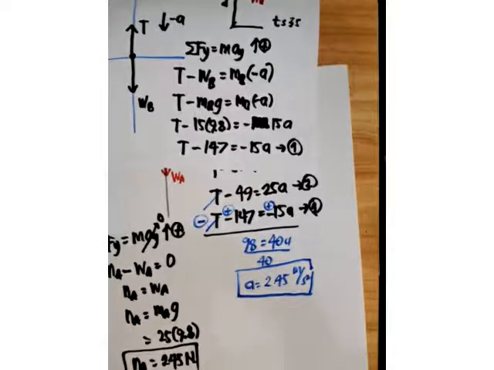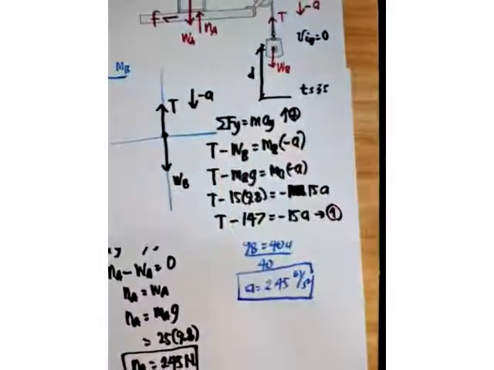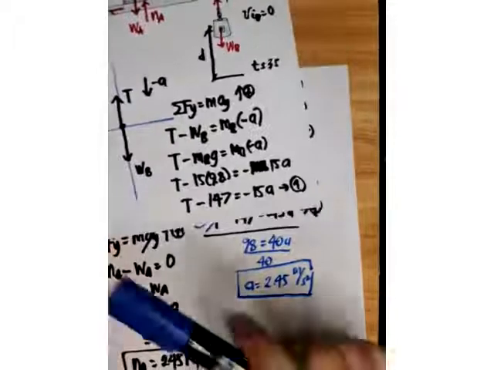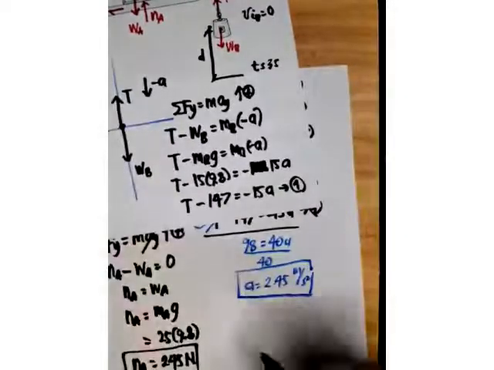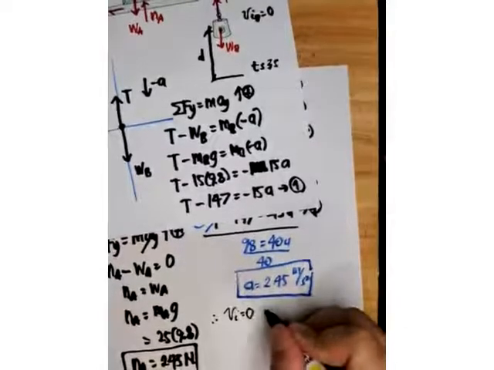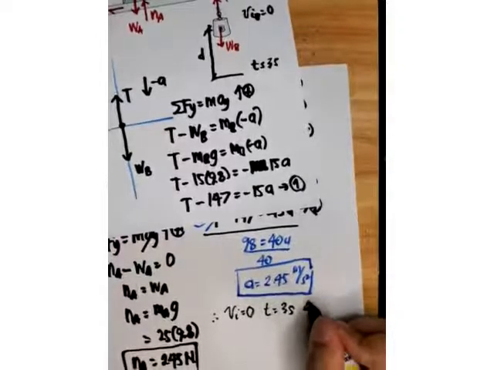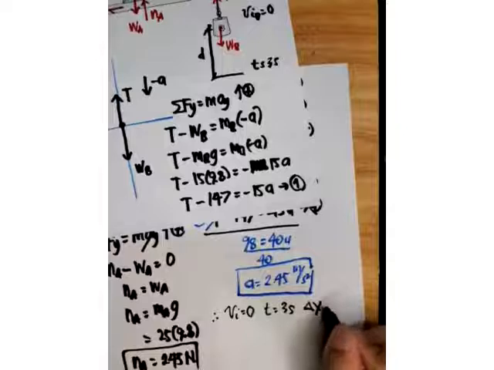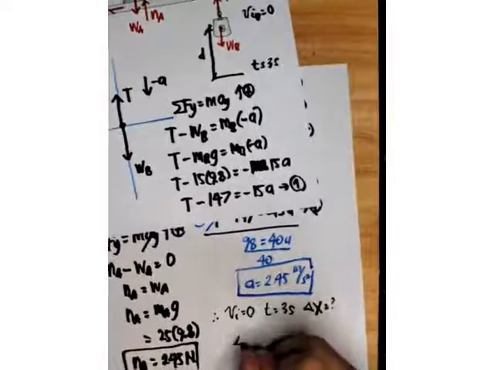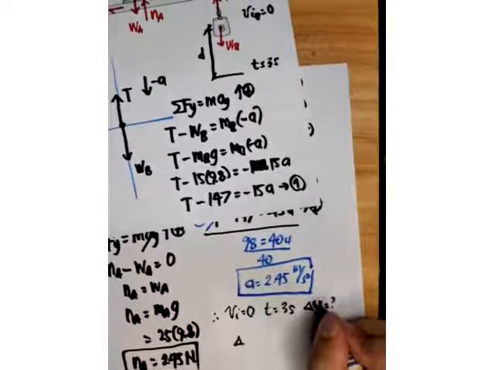So that's 2.45. Since we have that, if the initial velocity is 0, the time is 3 seconds. What is the displacement? Let's use y.